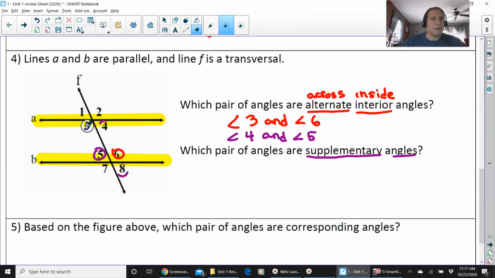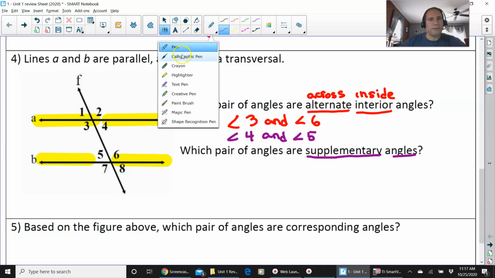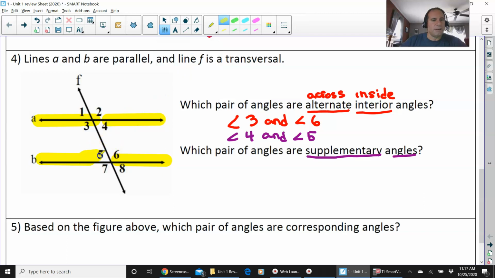So I'm just going to erase this right here. Straight lines, and hopefully you're finished with this right now. I'm just going to put that there, and here we go. Pair of angles 1 and 2, straight line. They look like a straight line.